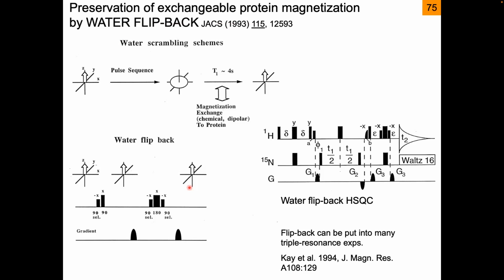And so when you attenuate the water, then you will attenuate the magnetization of your protein protons that are in exchange with water. And what you can do now to avoid this situation is try to keep the water more or less at its equilibrium position.